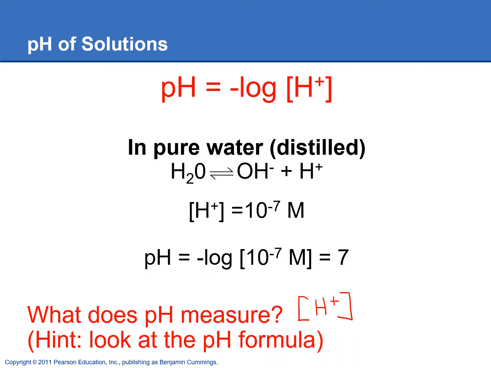It's really easy to calculate pH because all you do is take the minus sign, that cancels out the minus sign in the exponent, and then the log will cancel out that base 10. And so all you do when you calculate pH is you just look at that exponent, and whatever that number is, that's your pH. So the pH would be 7, which is neutral.